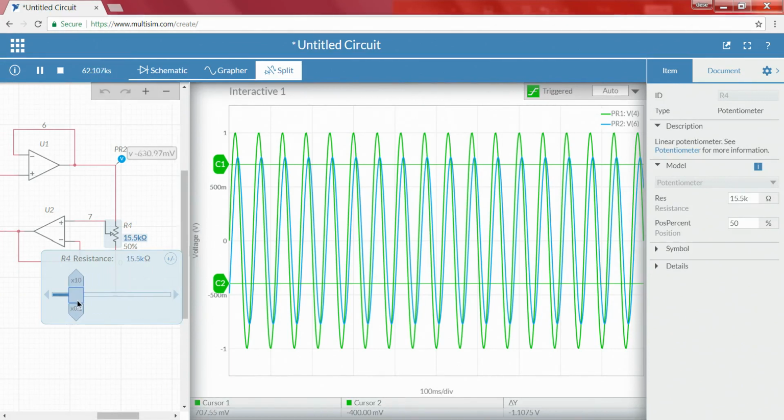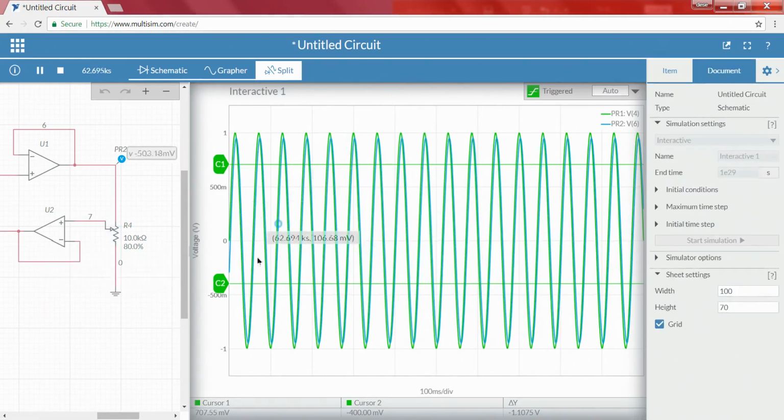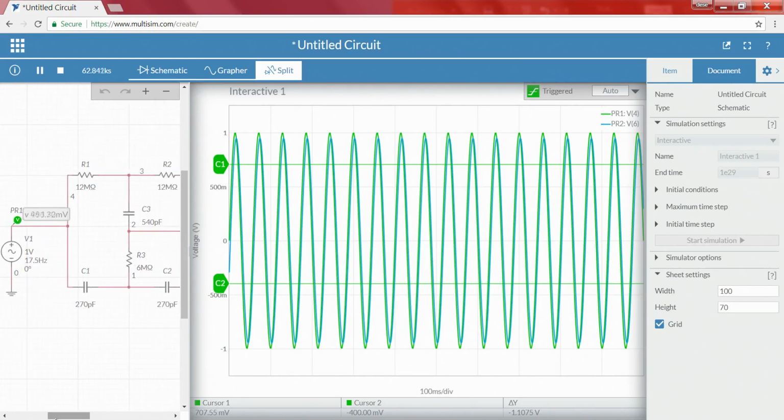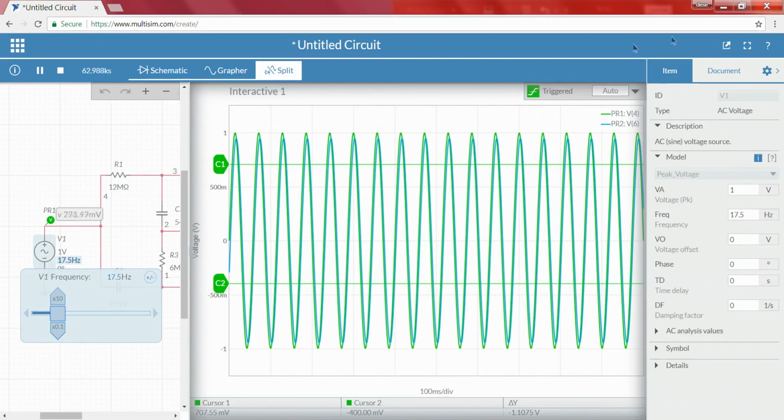Sorry, this should be 10 kilo, and let me change this value. If we observe, how narrow a band we require, we can select by using this particular pot.